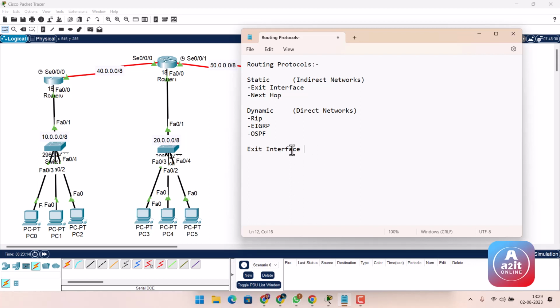So today we are going to talk about the exit interface routing protocol, which is a part of static routing. So first of all, let me write its syntax.